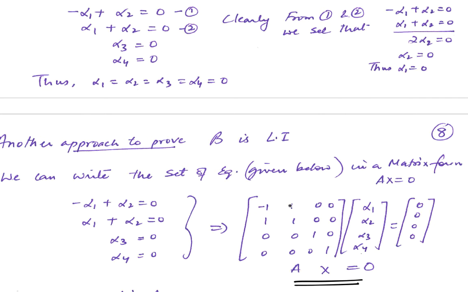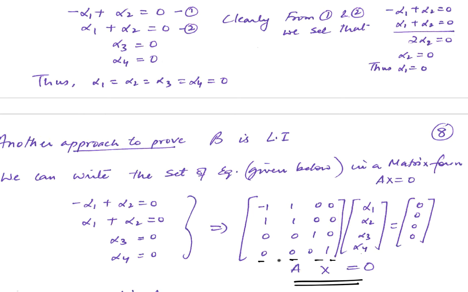So what if I can say that each of these columns is a pivot column, going back to sections 1.5 and 1.7. If I want to prove that this is linearly independent, I just have to prove that each column is a pivot column. Now, in order to prove that each column is a pivot column, what are we going to do?